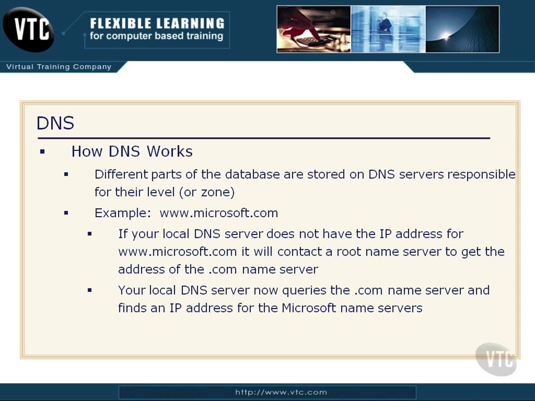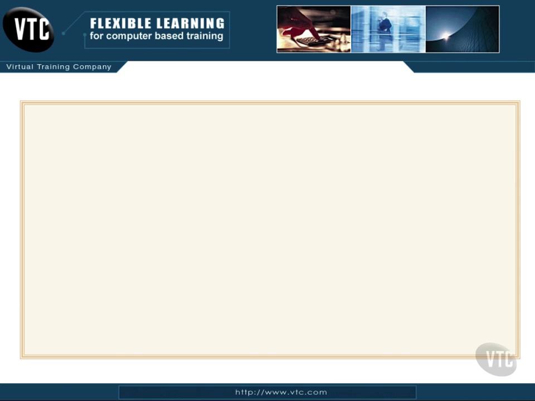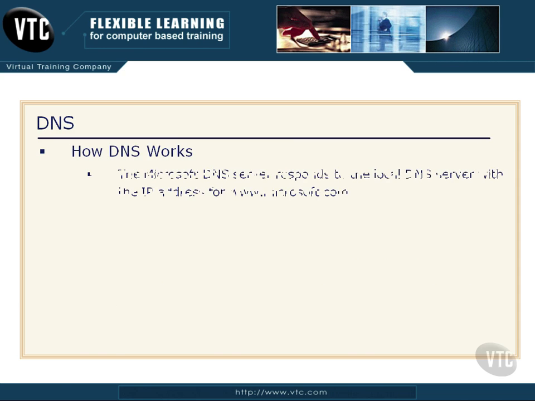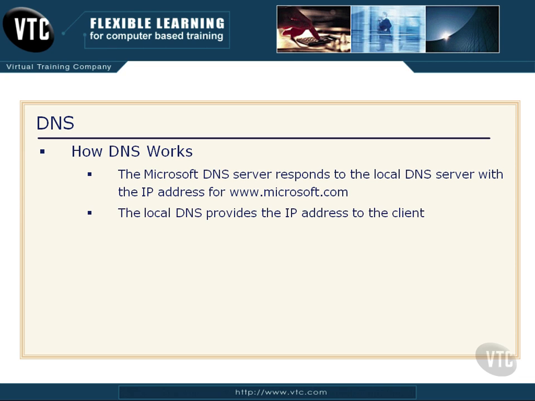I'm trying to find an IP address for the Microsoft name servers. Now, after the .com server gives me the information from Microsoft, I then contact Microsoft's server at Microsoft.com. And then the DNS will provide the IP address to the client.